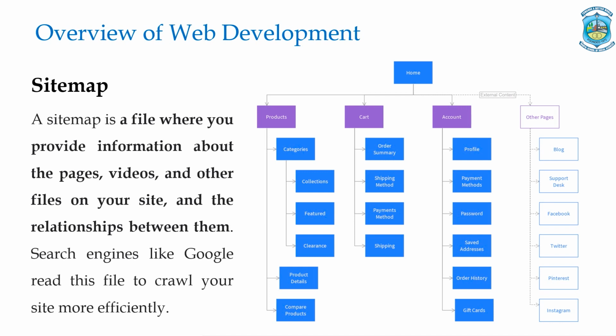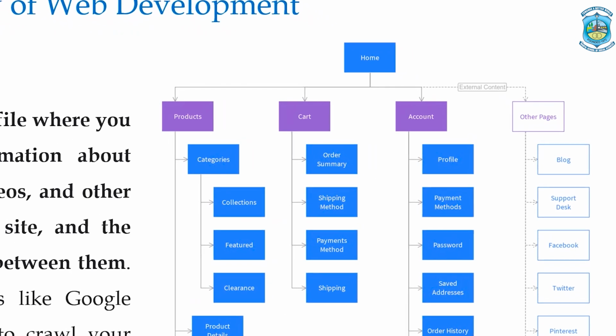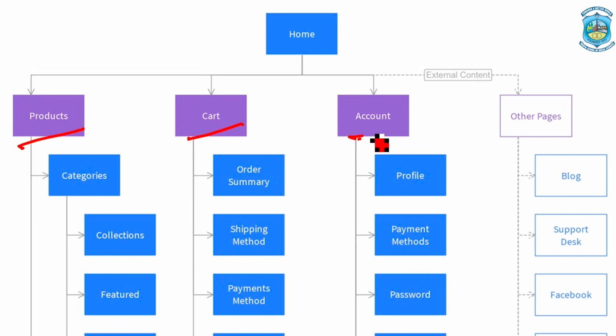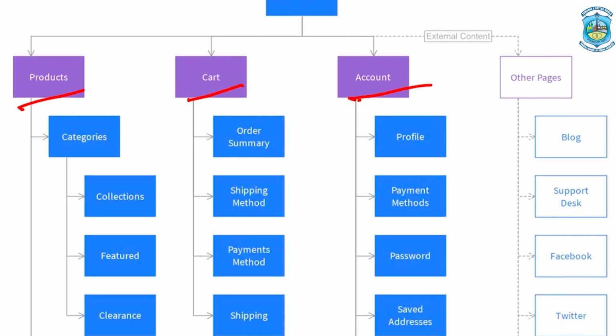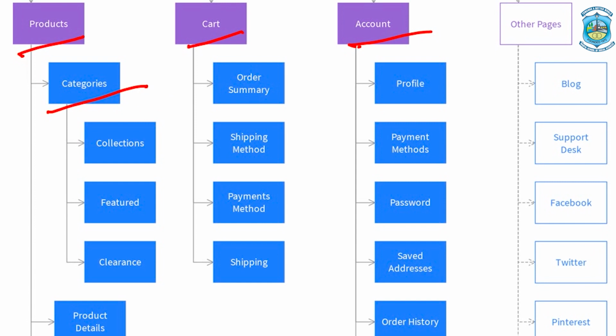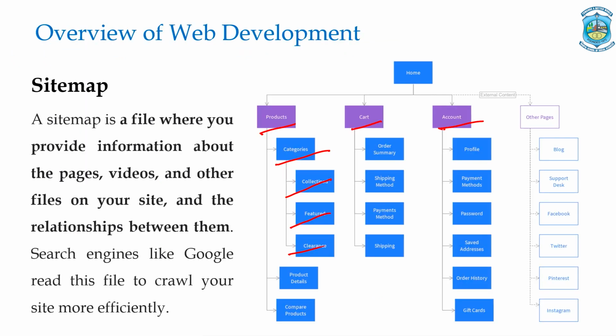As you can see here, the home page has 3 to 4 links, that is product, cart and account, and product has a sublink, that is categories. Categories has 3 links, that is collection, featured and clearance. So, it gives a clear picture of how many links there are in your website.